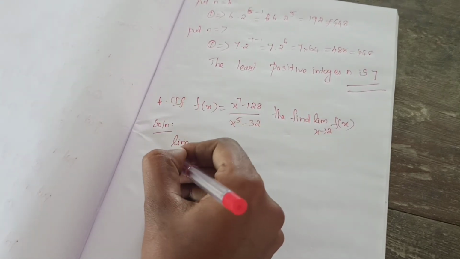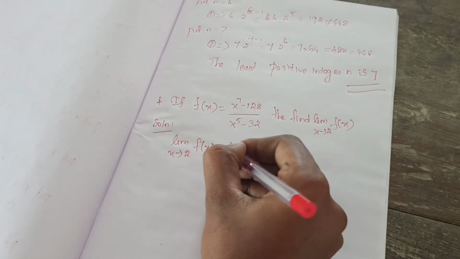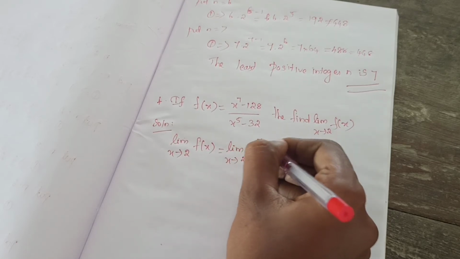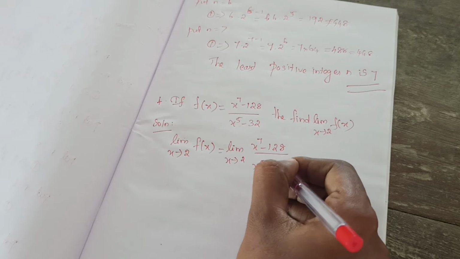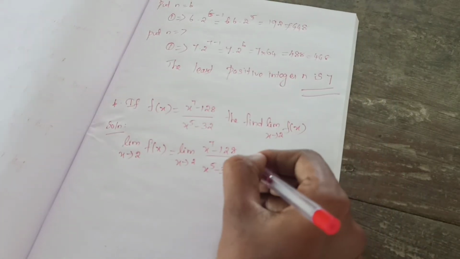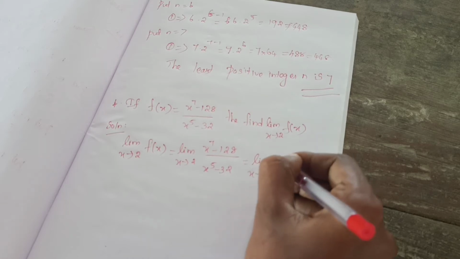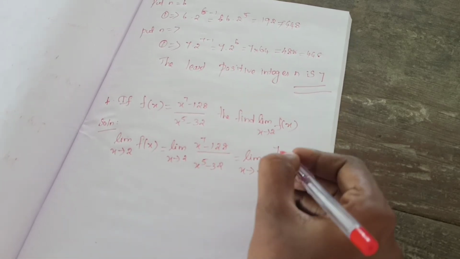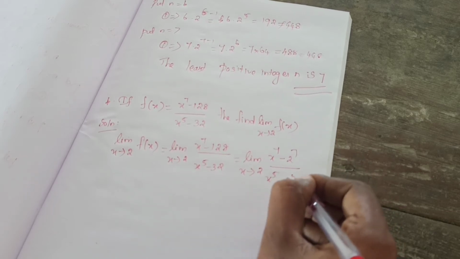Limit x tends to 2 of f of x is equal to limit x tends to 2 of x power 7 minus 128 divided by x power 5 minus 32. That's equal to limit x tends to 2 of x power 7 minus, how will you write this as power 7? 2 power 7. Same as that, x power 5 minus 2 power 5.